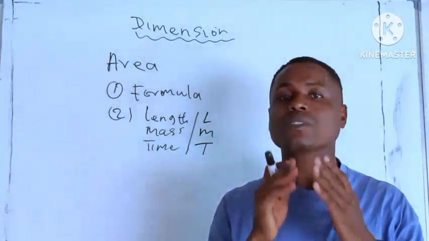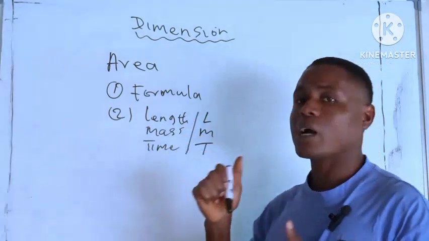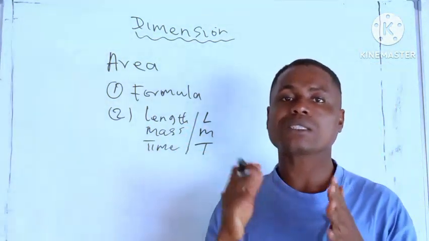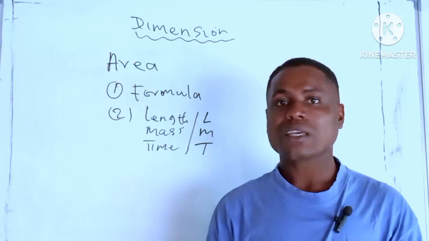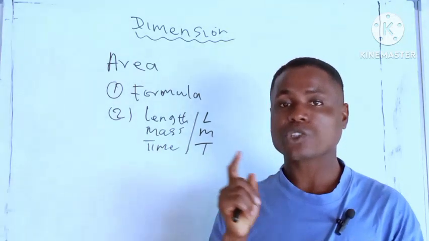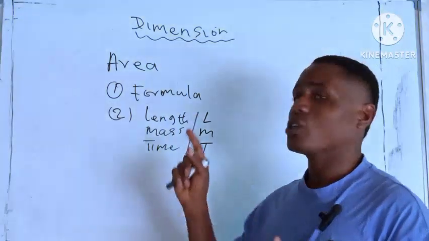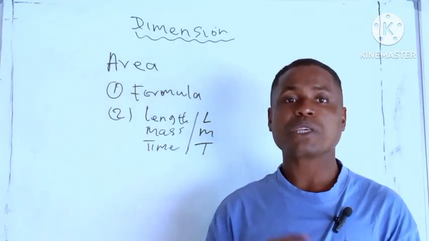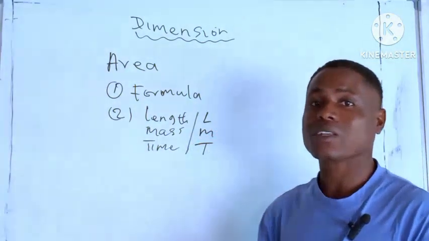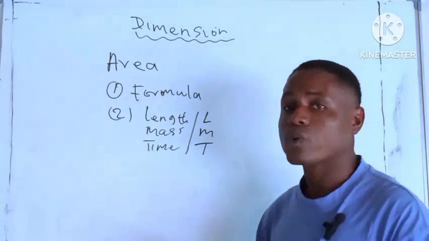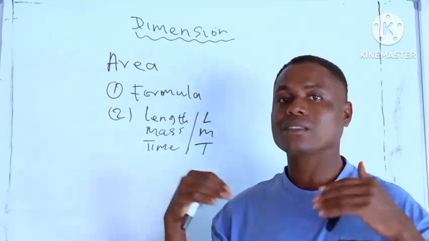When writing down the dimension of any particular quantity, these are the three approved quantities used in writing down the dimension of any quantity in physics. Be it the dimension of acceleration, energy, Young's modulus, momentum, impulse, any dimension, all the dimensions in physics. These are the three approved quantities used in writing down any dimension.